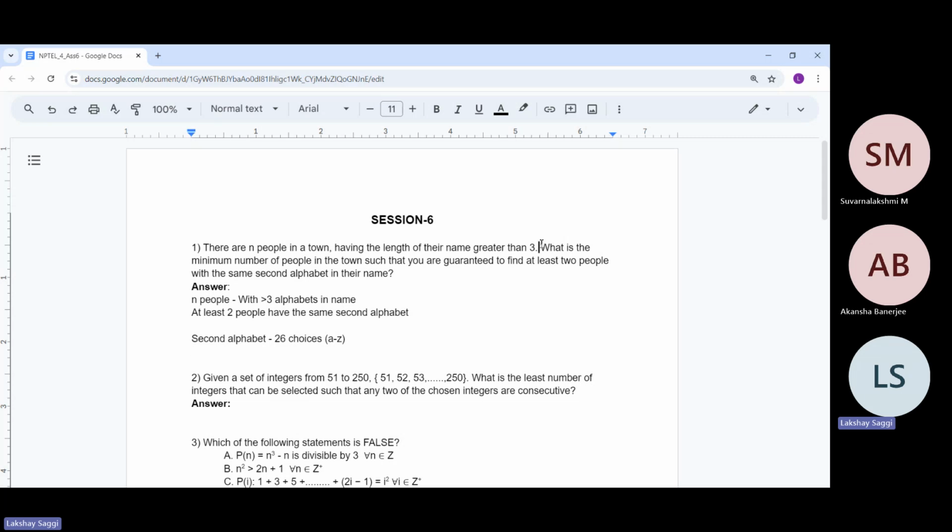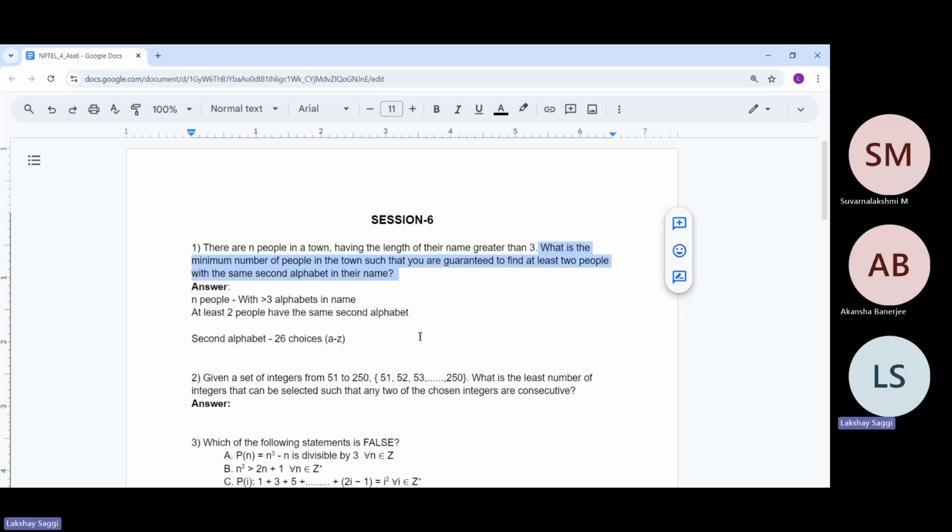Let's say the correct answer is X. Then even if an adversary picks X number of people, we should still have at least 2 people with the same second alphabet. It is not up to us to choose the people. It is up to the adversary.